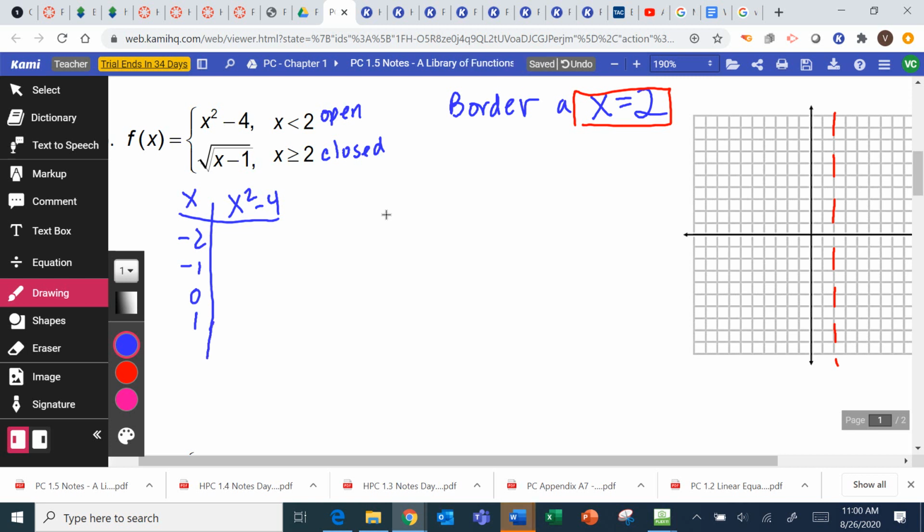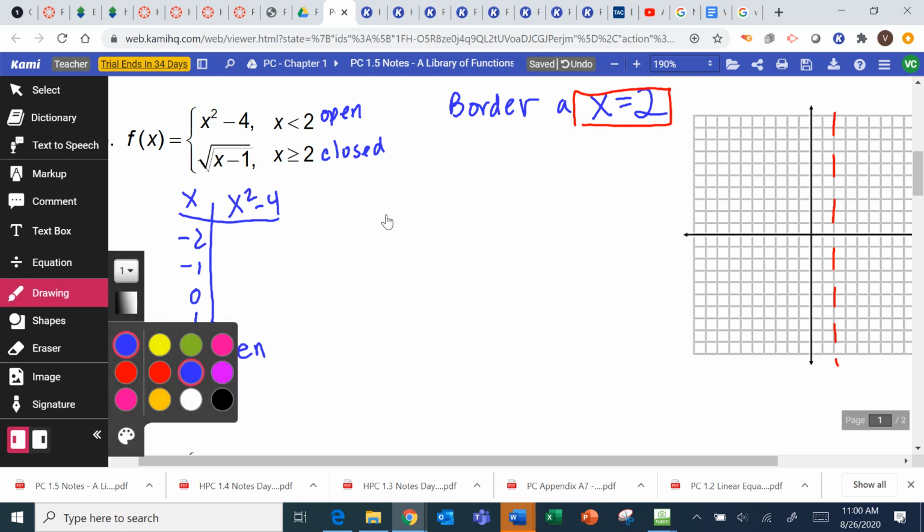No. So I do want to put 2 in because I still need to know where it is open. I want to have that open dot at 2. We have to know that we don't close the dot in, but we still want to put that 2 in the table. And I'll fill that out in a second.